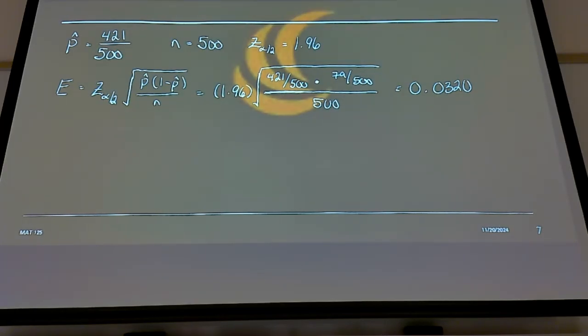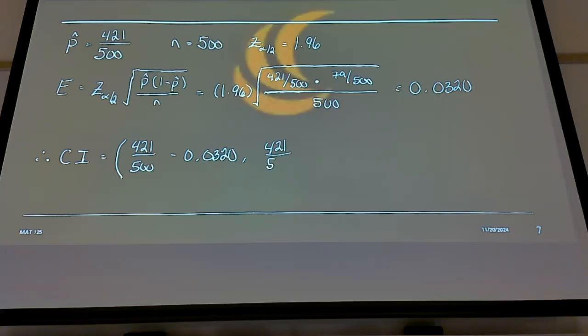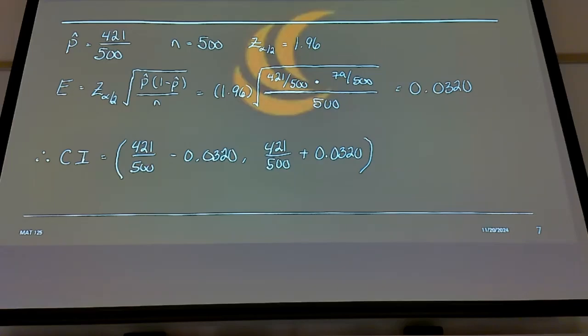The more rounding you do throughout a problem, the more error you accumulate in your calculations. That would be the confidence interval, so now I'm just going to write them as actual decimals.